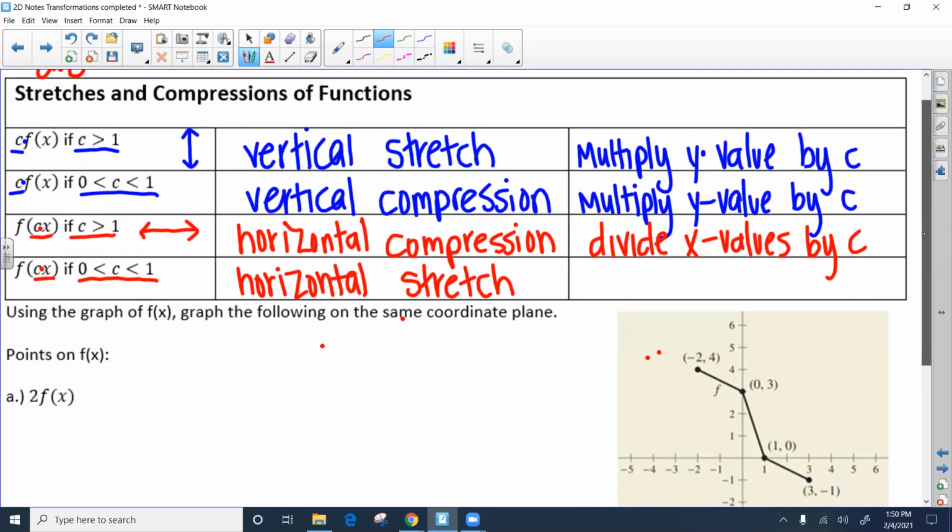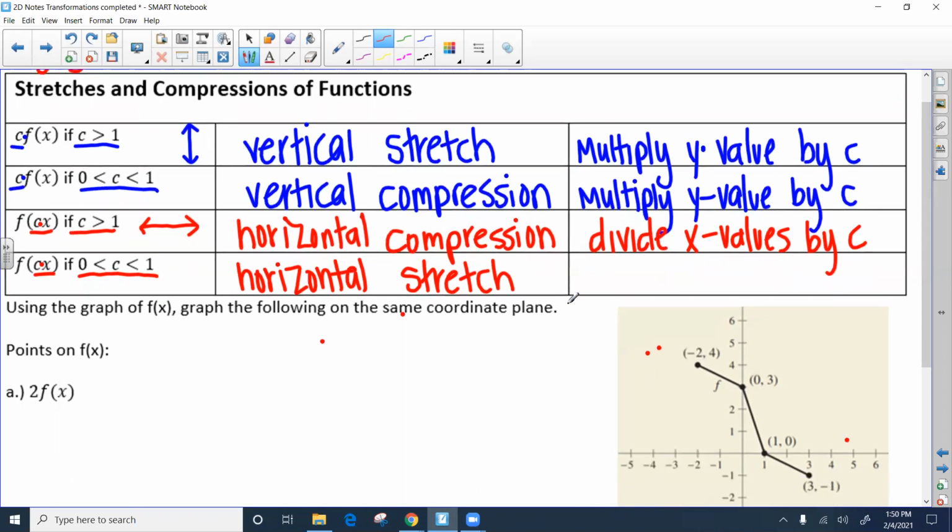And the c times x is still with the x, so we do the opposite operation. We're going to divide x values by c. But if we're dividing by a fraction or a decimal, that actually is going to make the x values bigger. So that's why it's going to be a horizontal stretch.